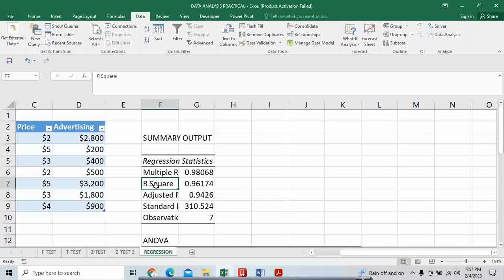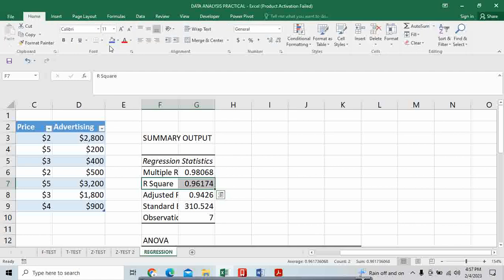So let me try to explain this point this time around, because I didn't explain it in the previous videos, which is the R square. What is it? As you can see, R square here is equivalent to 0.962, if I were to round it off, which is a very good fit for our business: the variation in quantity sold is explained by the independent variables price and advertising.